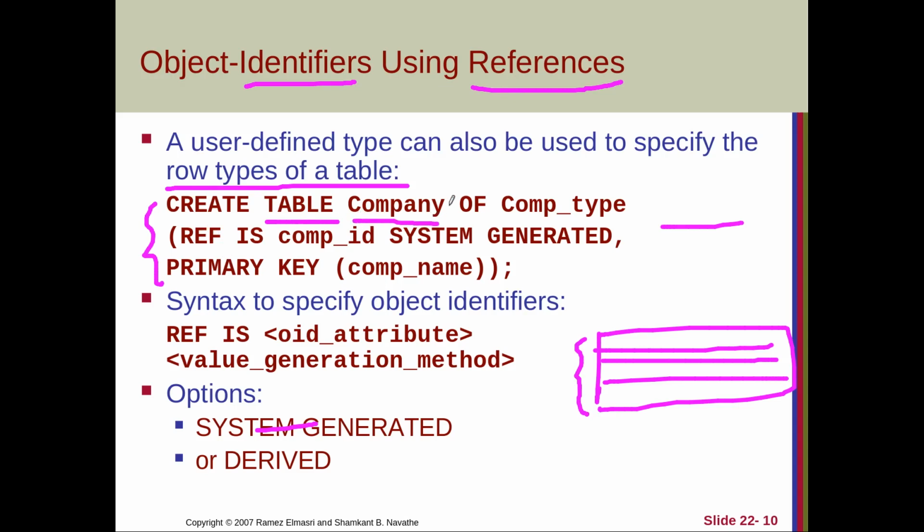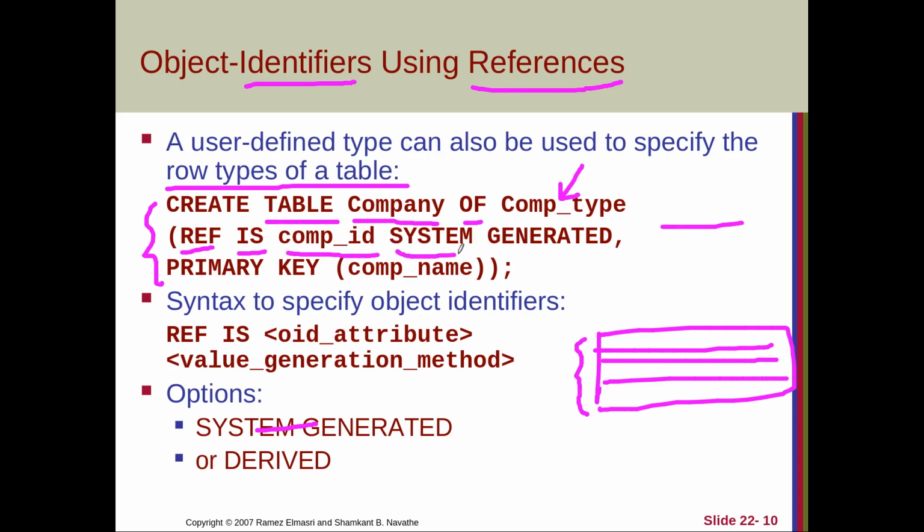Company is the name of the table, of is a keyword, which type? Company type, which was already created as a user-defined type in the previous slide. So create table company of company type. So that part is over. Then within brackets, ref is, that is reference is, this is a syntax to be followed. Ref is company id, then give a space.